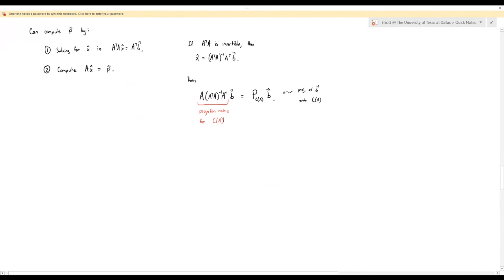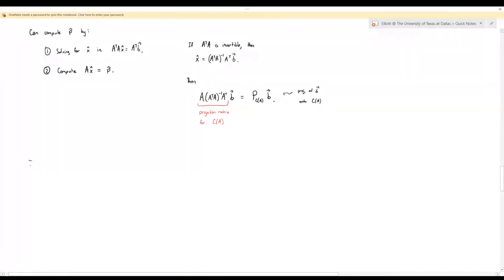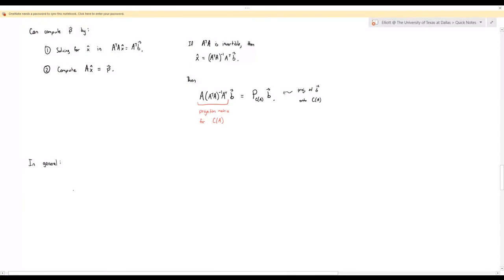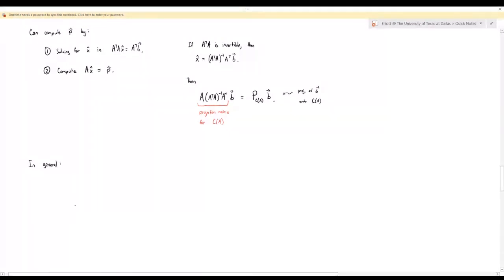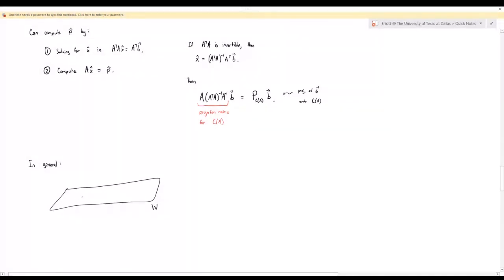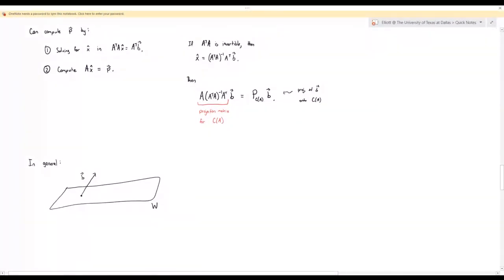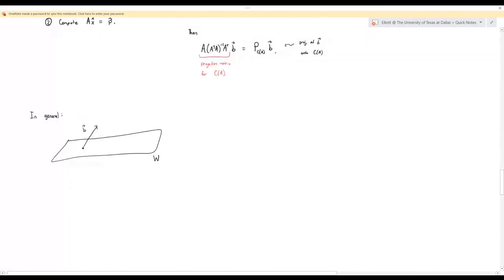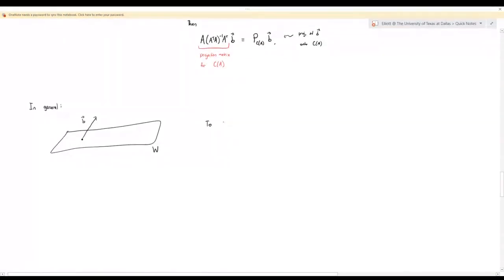So if we want to ask a more general question, back to the original premise that I started with, let's say you have a subspace W of Rn, and then you have vector B again, and you want to find the projection of B onto W. So let me use this notation: projection onto W of vector B.